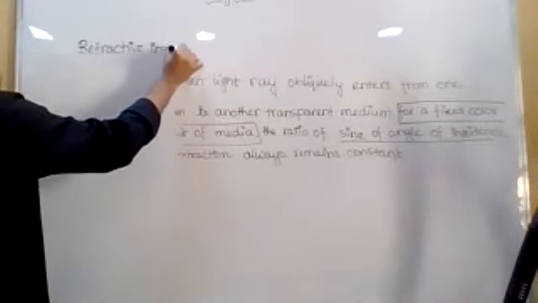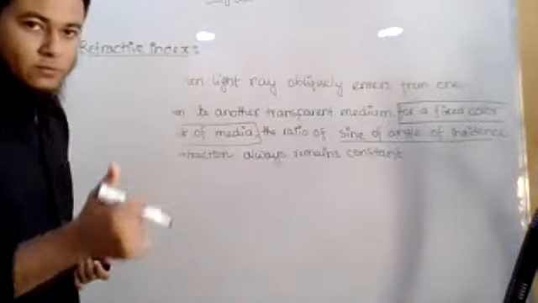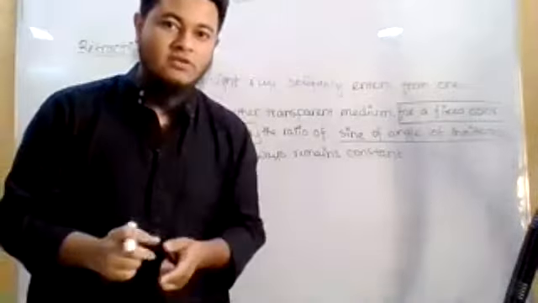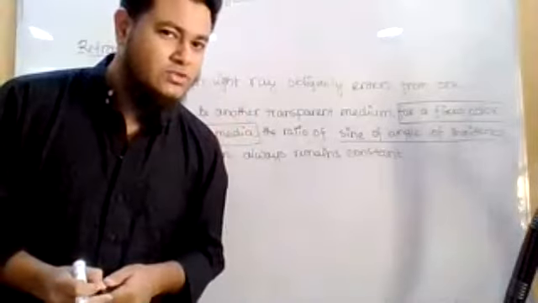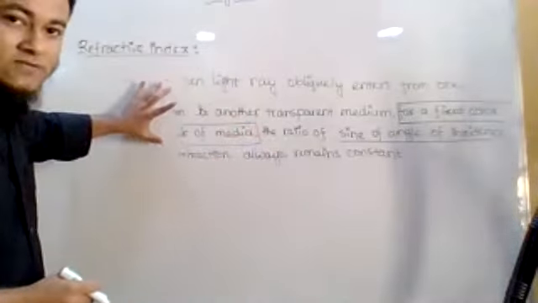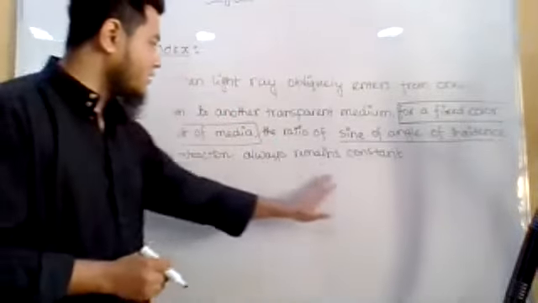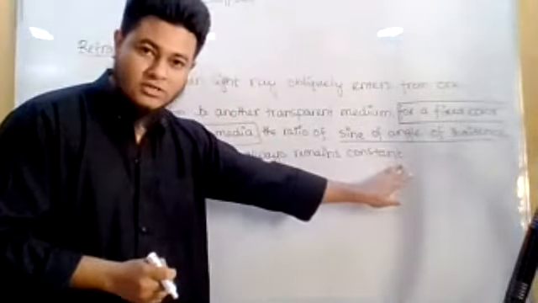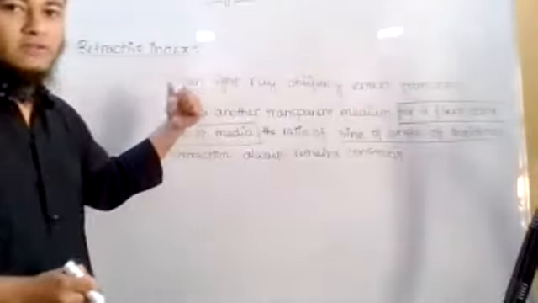And to write the definition, let us say in question 1A, for 1 mark you have been asked to define refractive index. So what is the definition you need to write? At first you need to write this second statement of Snell's law. You need to write this whole statement. You will end up with "remains constant", and then you have to write that this constant is called refractive index.